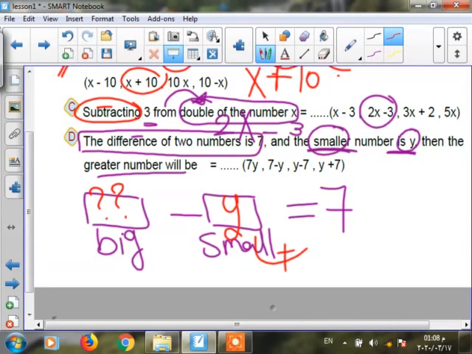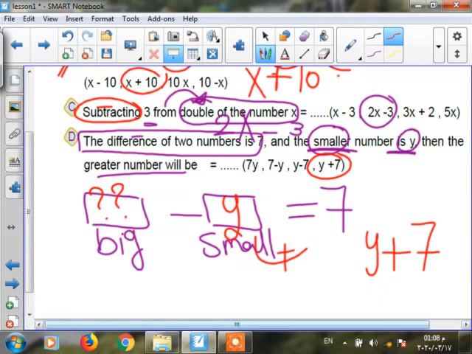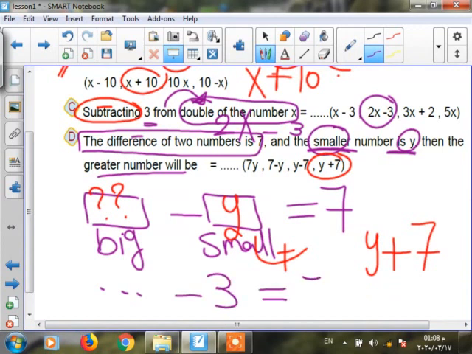The first digit will equal 1 plus the second digit, 7. So the result will be y plus 7. If I have a missing number minus 3 equal to 7, I want to get the bigger one.